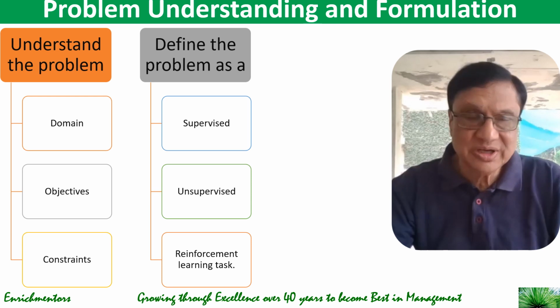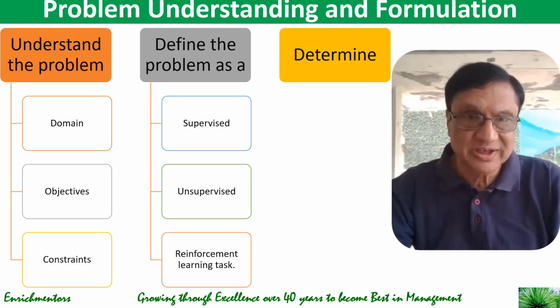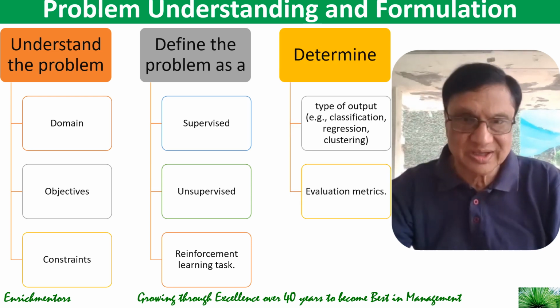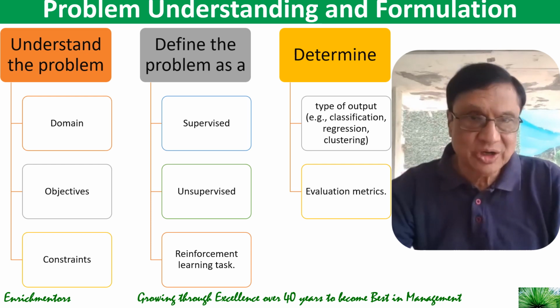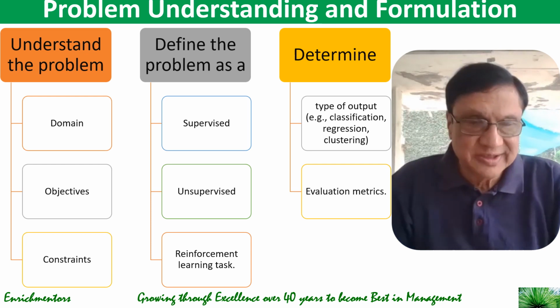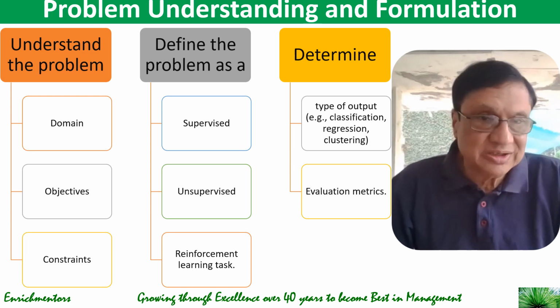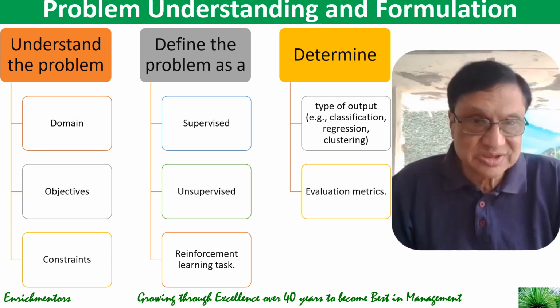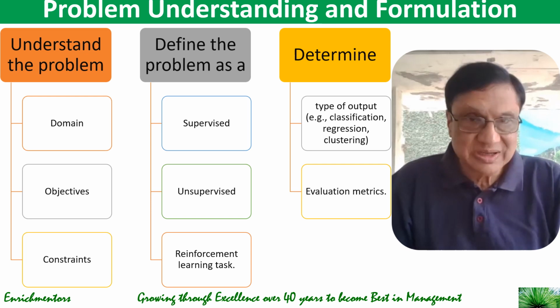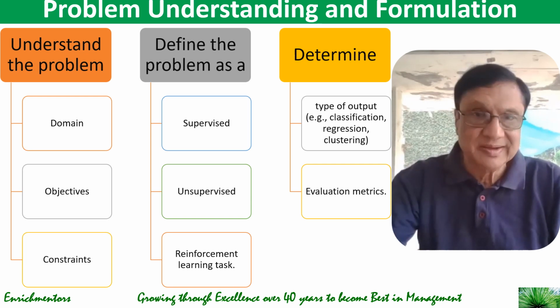And third is to determine the type of output, whether it's a classification output, regression output, clustering output, and the evaluation metrics. Now, understanding the problem we have covered in detail in another section earlier to this. So I'm going to skip that and go straight to defining the problem as supervised, unsupervised, or reinforcement learning.